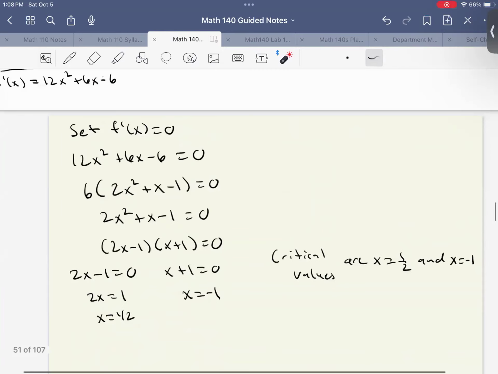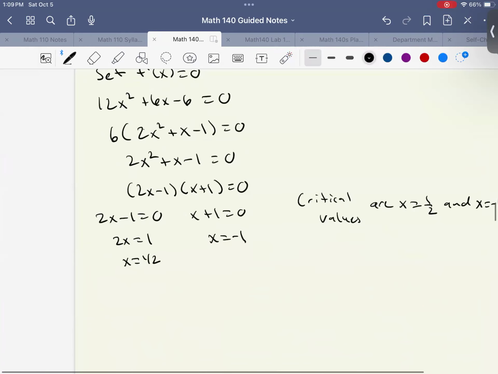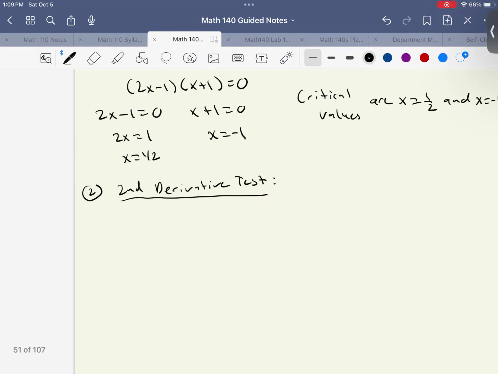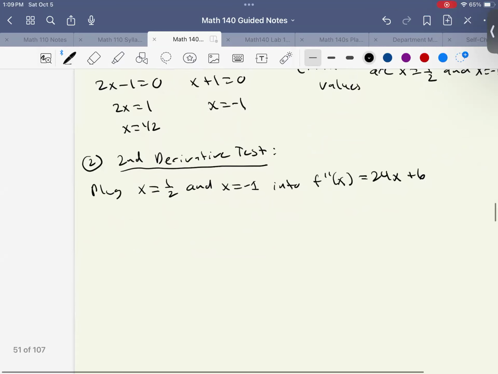So step 2, second derivative test, and then plug x equals 1/2 and x equals -1 into the second derivative, which is 24x plus 6. So let's go ahead and check that out.